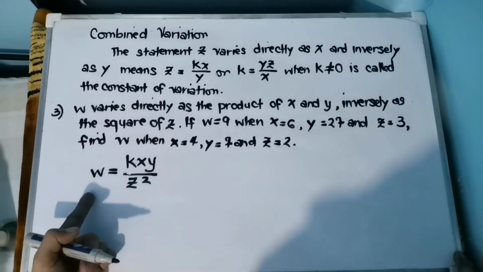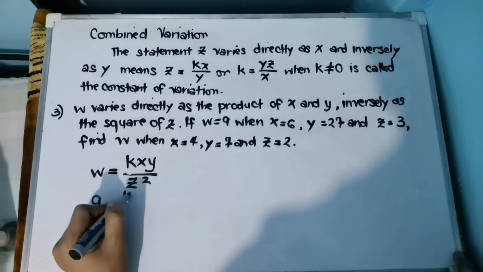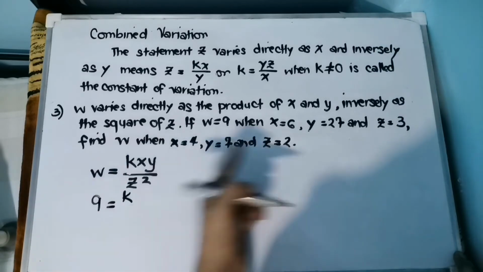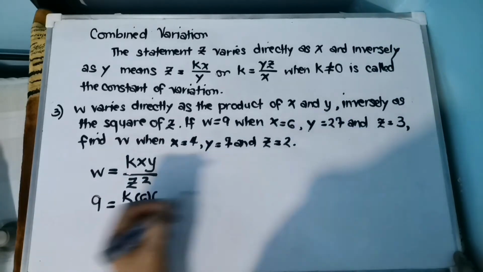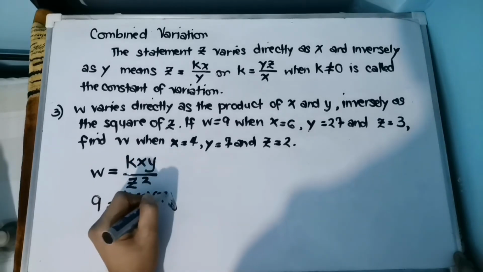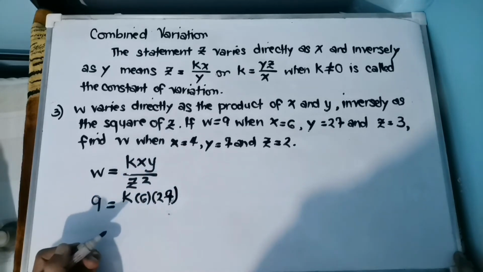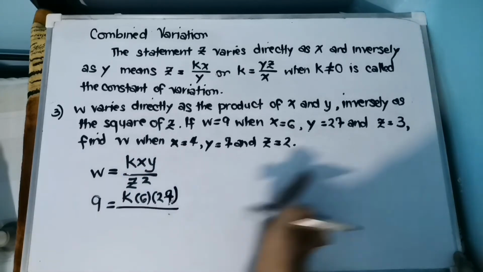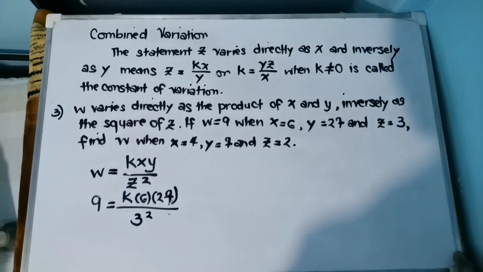So, W is 9, equals K, that is unknown. Ito yung hinahanap natin. X is 6. And then Y is 27. Over Z is 3 squared.